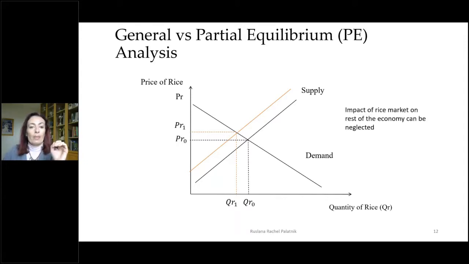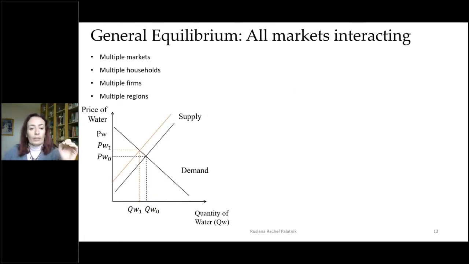Now, in general equilibrium, we consider the interaction between different markets explicitly. What does it mean? Let's take, for example, a market for water in Israel or California or other regions where the water is priced per unit.